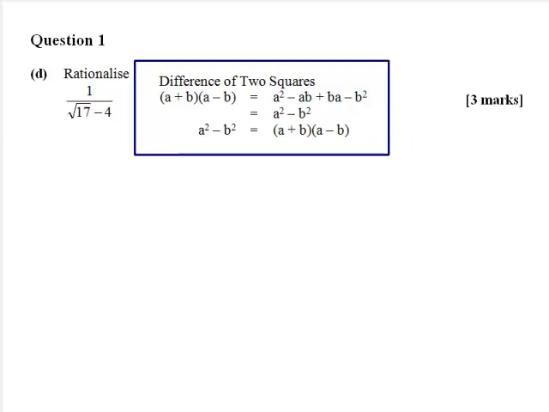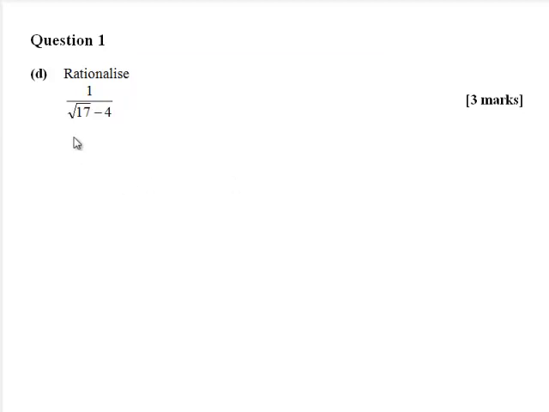So bearing that in mind, let's look again at the problem. Root 17 minus 4. So if I multiply root 17 minus 4 by root 17 plus 4 over root 17 plus 4, I've now got here the difference of two squares effectively, haven't I? I've got root 17 minus 4 times root 17 plus 4.